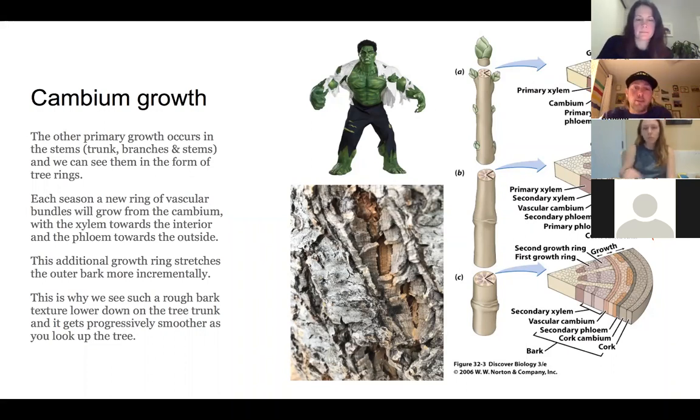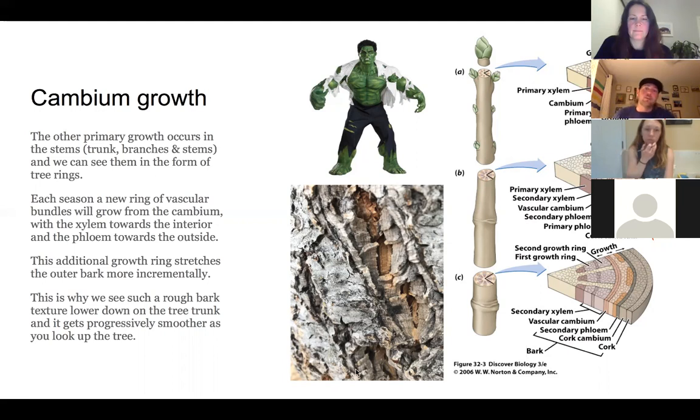And you can see evidence of this if you look at the bark near the lower part of a tree, it looks like it's been ripped apart, kind of like our friend the Hulk here, because that original skin on the outside of the tree, the bark or the epidermis, every year another ring is added inside. It stretches apart that bark, and that's what gives us this really cool textured look of bark. And you can even see those rings of growth in this picture that I took up by the lookout, as it stretches back.